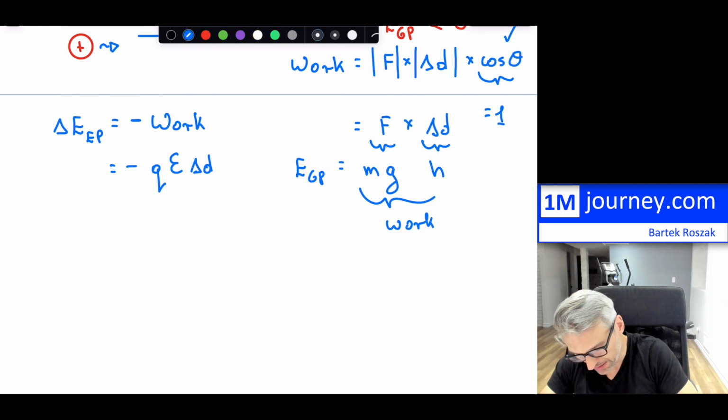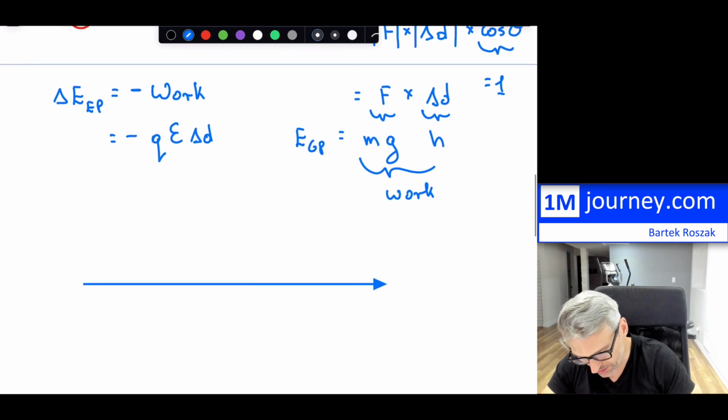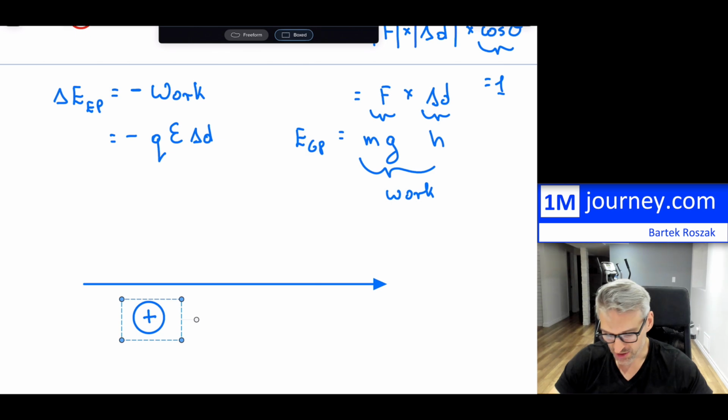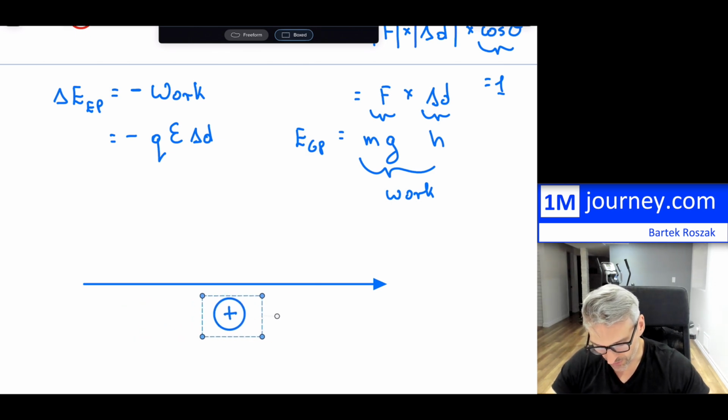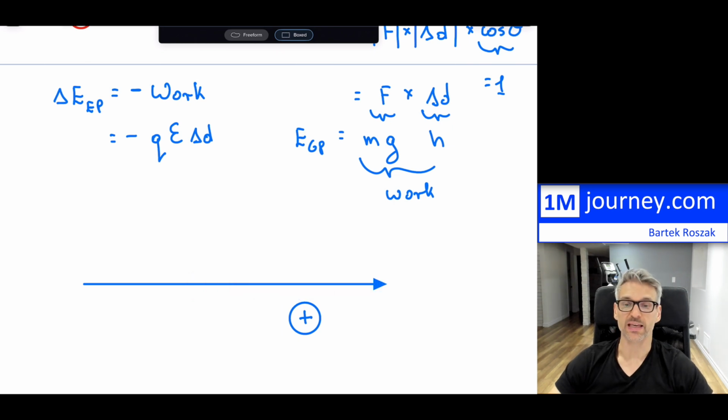So here, if you have an electric field in this direction, and now you take a positively charged item, let's say it's this item. Now a little bit of a test for you. If I move this from here to here, now the question arises: did it gain potential energy or did it lose potential energy? Therefore, is that difference positive or negative?